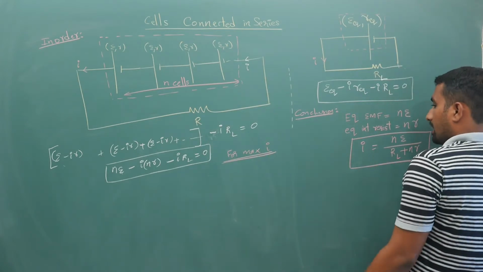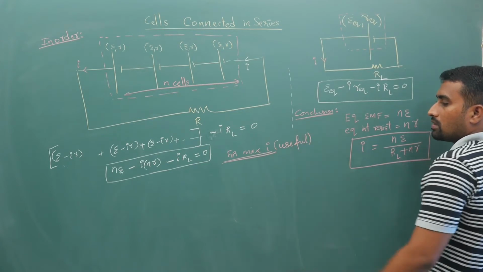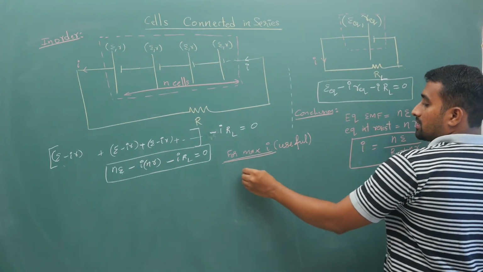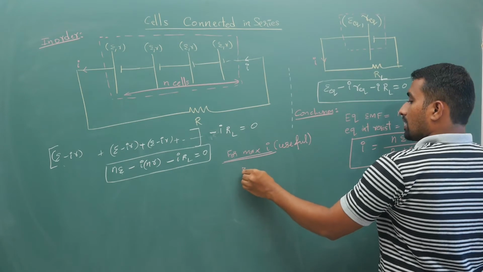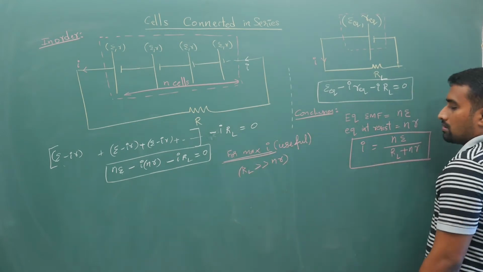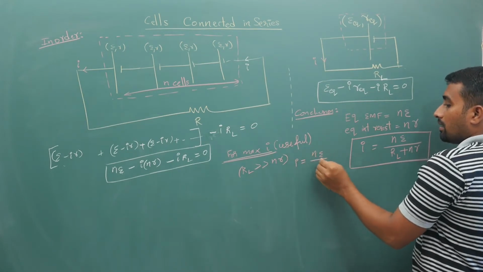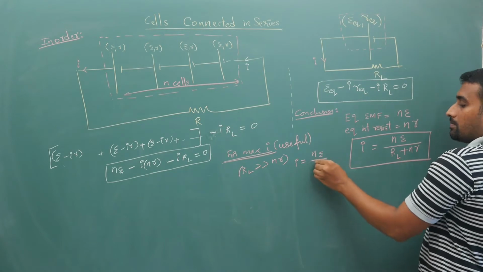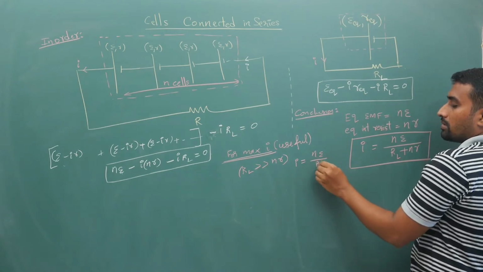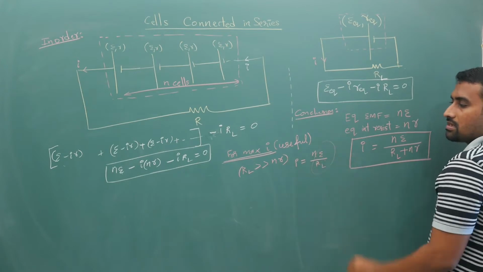For a useful circuit, if your R load is very much greater than N times small r, your current I is going to become Ne by R load plus Nr, and Nr can be neglected compared with R load. So this is going to become N times of something, which is obviously a big value.